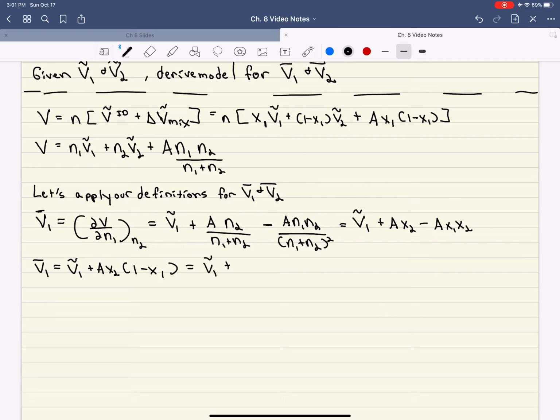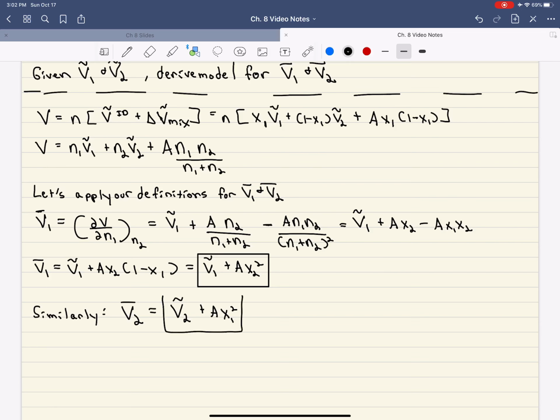So now we have A x2 squared. So our partial molar volume for species 1 from our model derivation can be described by this. And similarly, if we went through the same exercise for V bar 2, we would find that V bar 2 would follow this relationship.